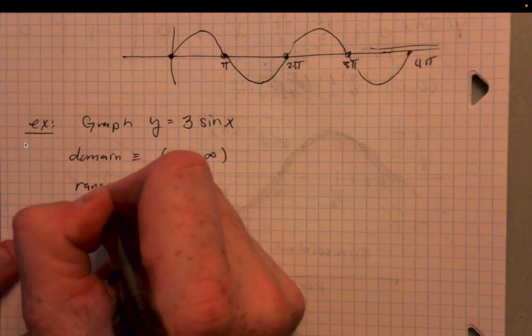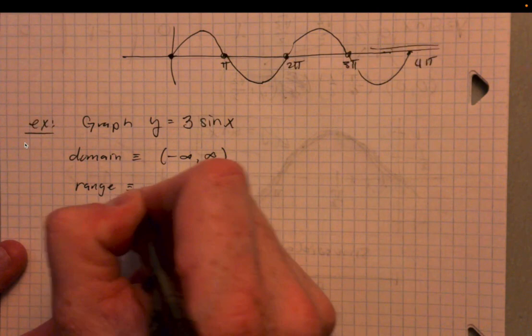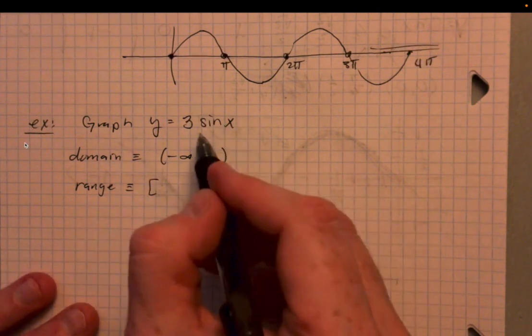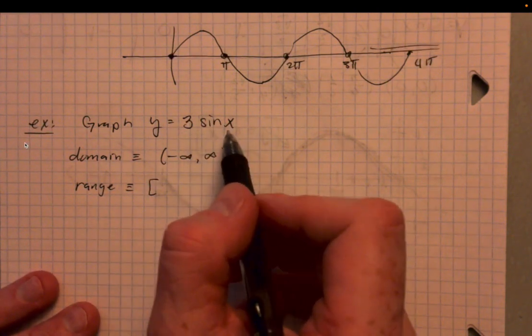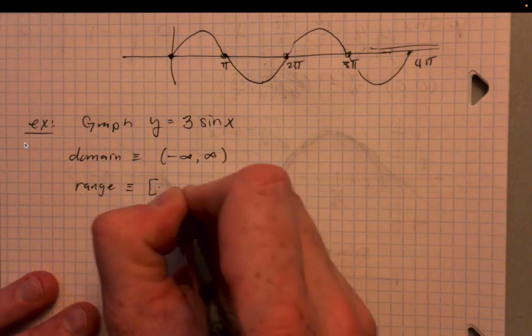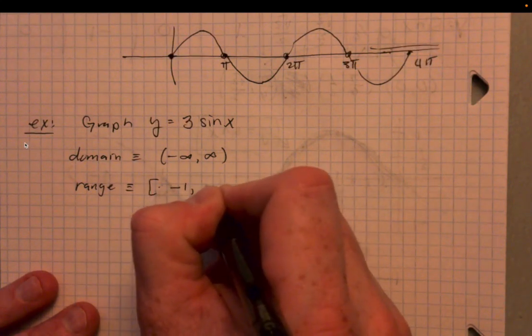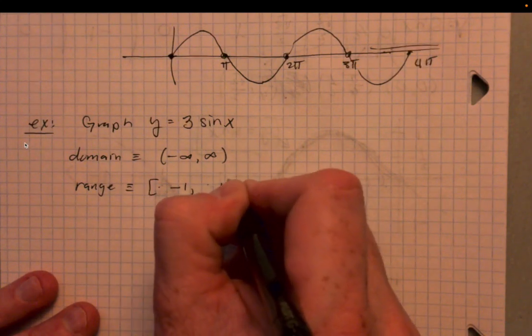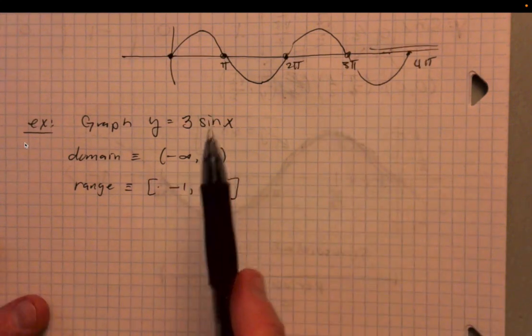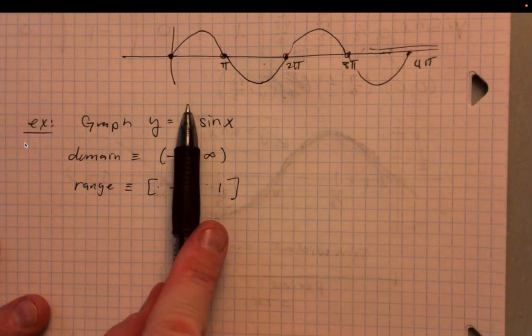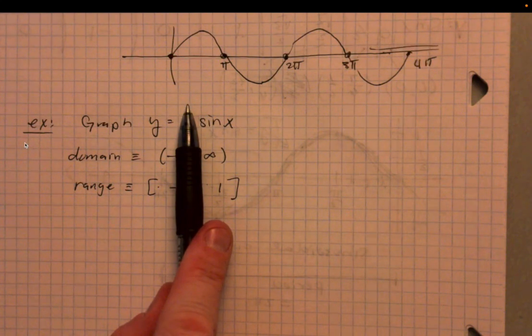Now the range is actually different. So normally the range would be from -1 to 1. So -1 up to +1. Now, if you think about it, like if I hide the 3 here, the range is going to be -1 to 1.